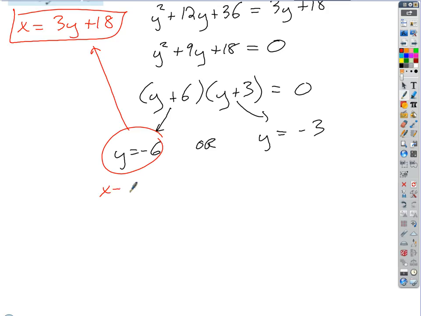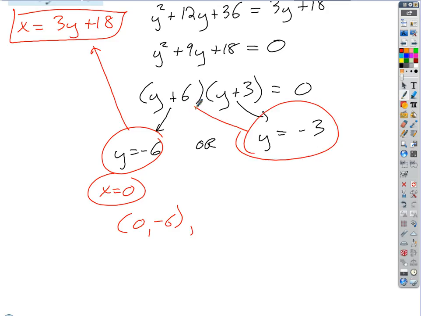Yeah, so one thing I get is the ordered pair x equals 0, y equals -6. What if I plug in -3? What's 3 times -3? Plus 18? 9, yeah. So then the other ordered pair would be x equals 9, y equals -3. So there's my solution.